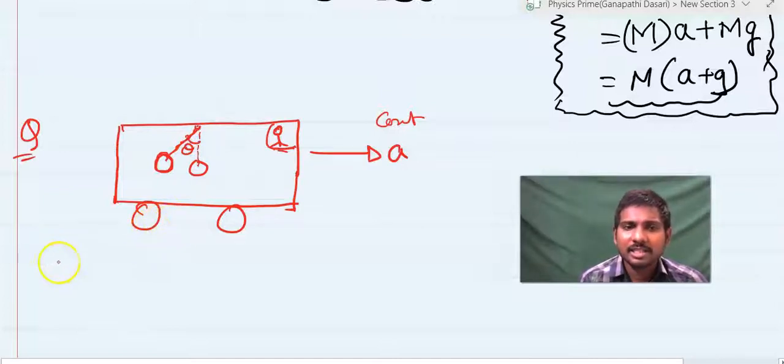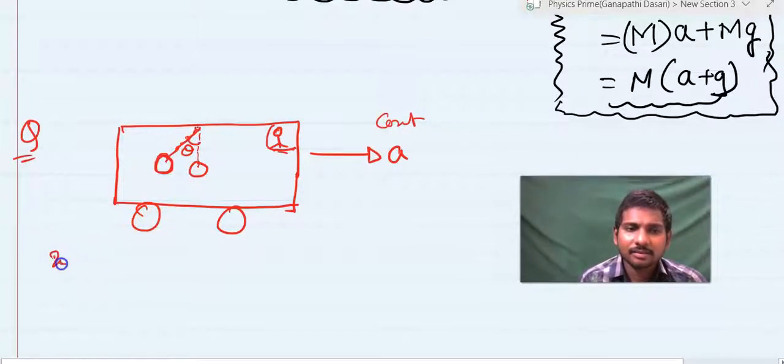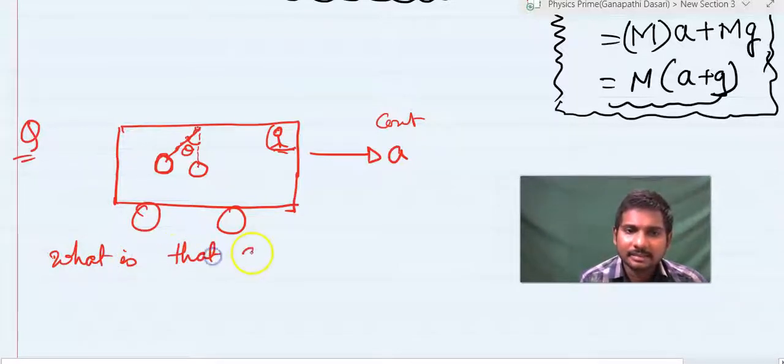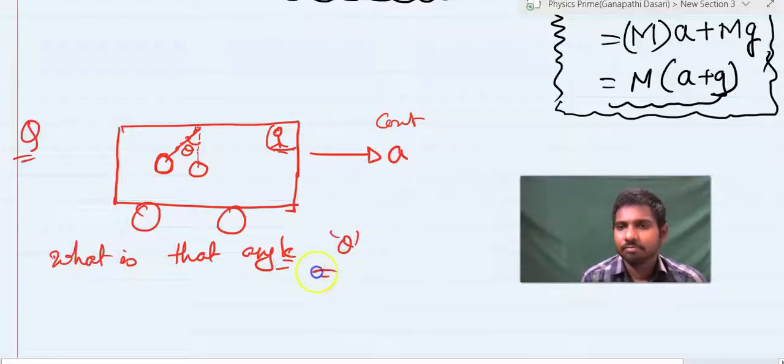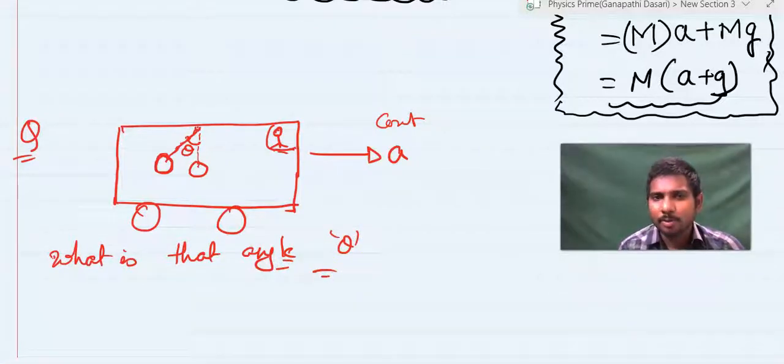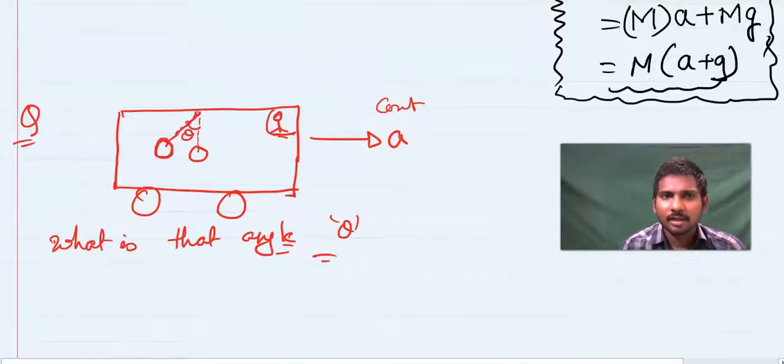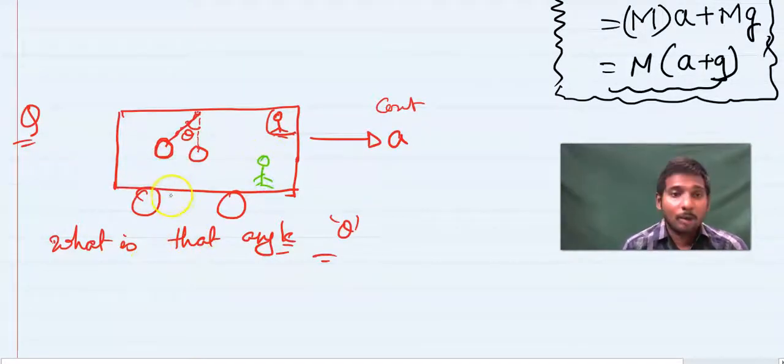So now the question is, what is that angle theta? See how I'll be able to solve this problem by using pseudo force in an easy manner. If I go and sit in the car, for me the ball seems to be at rest, isn't it?